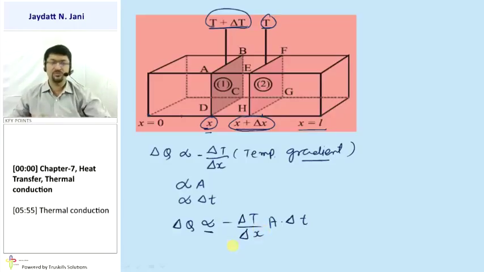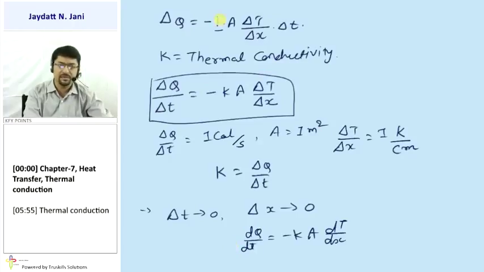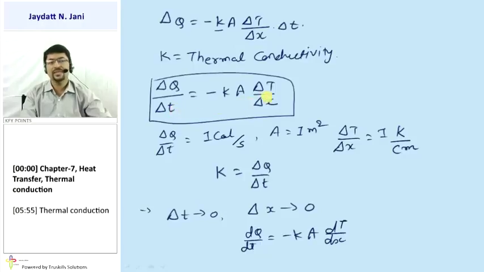Now as I remove this proportionality sign, I can put in one constant, K, which is known as the thermal conductivity constant. Now I can easily write, when I take this delta t into the denominator, delta Q by delta t equals minus K A delta T by delta x. As I think about their units, delta Q by delta t means how calories change with respect to second.